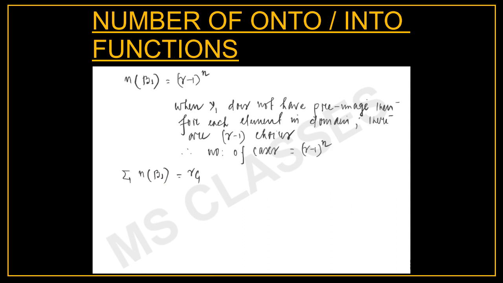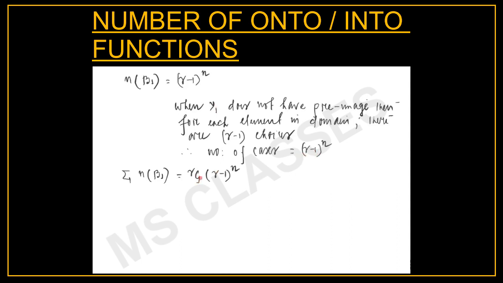It can be y1, and for y1 you can find, for y2 you can find, for y3 you can find. So rC1 times, when any one you are taking, (r minus 1) to the power of n. For y1, (r minus 1) to the power of n; for y2, (r minus 1) to the power of n.